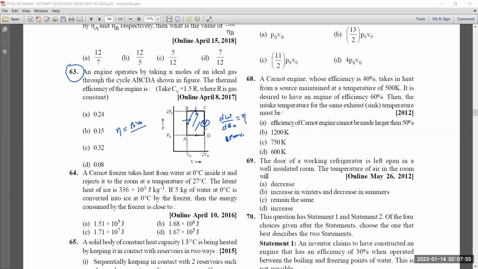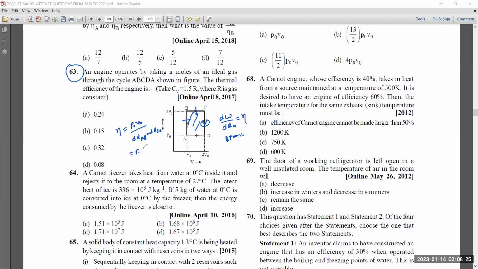Okay, I'm correcting this as cyclic and then solving. So heat absorbed is how much, guys? So work is P naught V naught, and then what can we write? The heat absorbed is dQ plus dQ, because in the rest of the cases I can see clearly heat will be rejected.